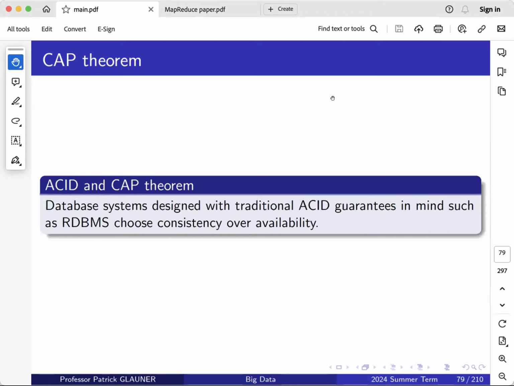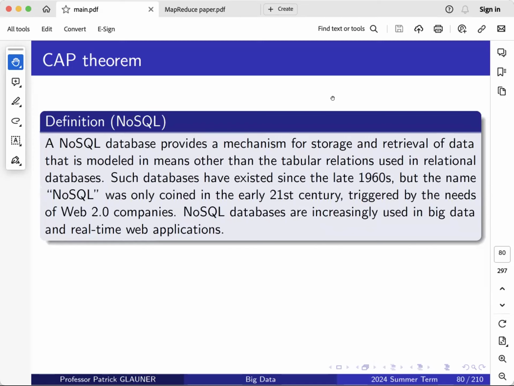And that has to do with the guarantees made by such social networks. I've mentioned ACID and the CAP theorem. Relational database management systems definitely choose consistency over availability. But there is a totally different world of distributed systems and database management systems, which we sometimes call NoSQL. NoSQL is a term that came up maybe 15 to 20 years ago, in the early 21st century, when all these Web 2.0 companies came up, and then this term NoSQL was coined.